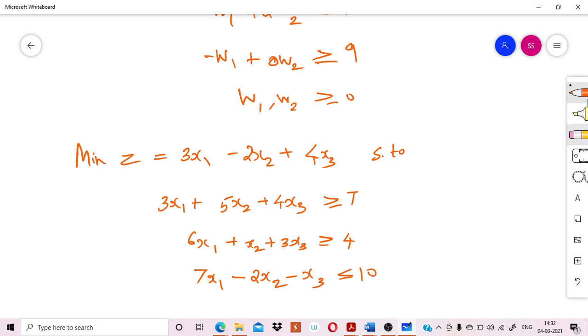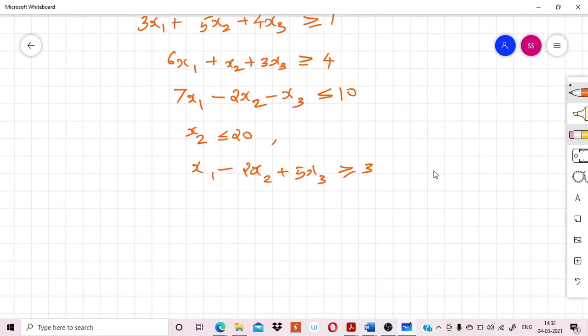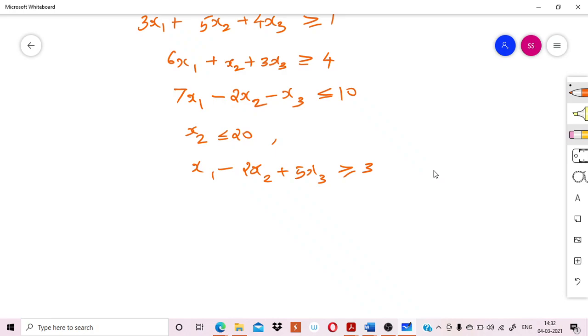And also we have 2x1 plus 5x greater than or equal to 3. Not finished yet. Other 4x1 plus 7x2 plus 2x3 greater than or equal to something, and x1, x2, x3 greater than or equal to 7.